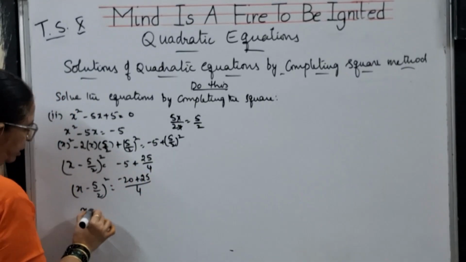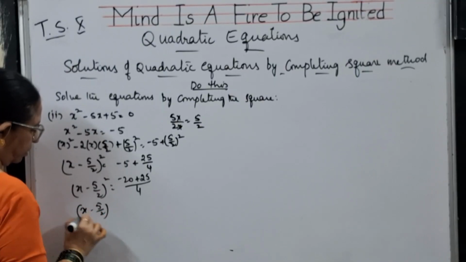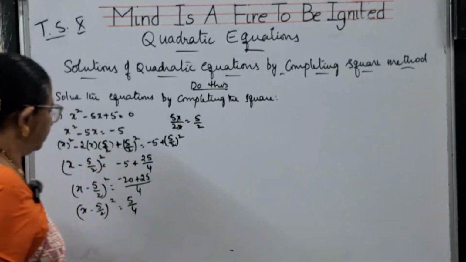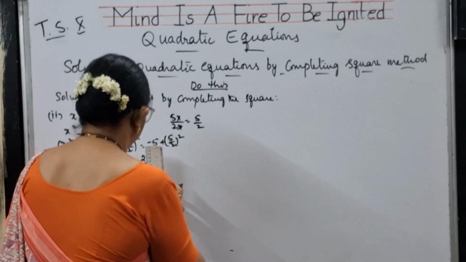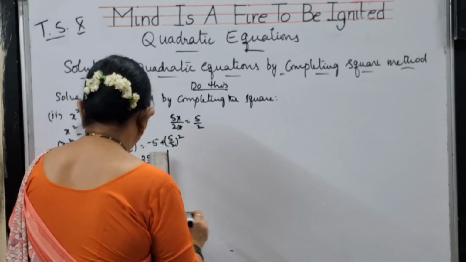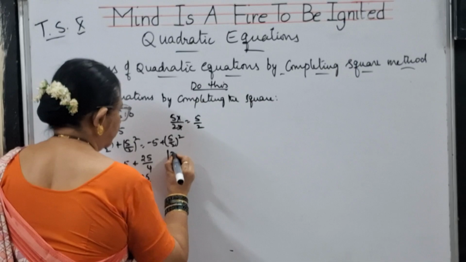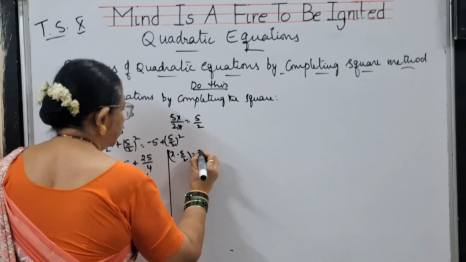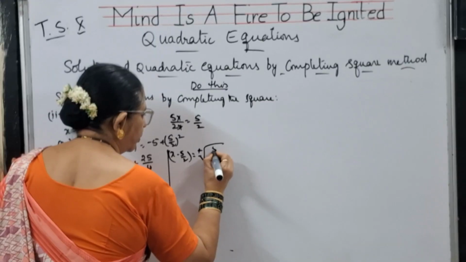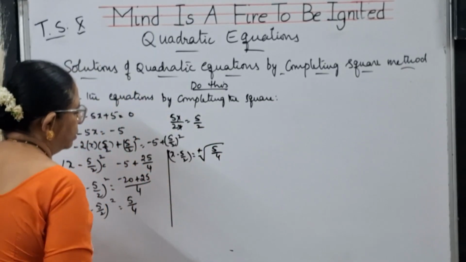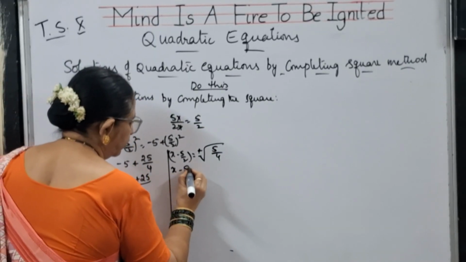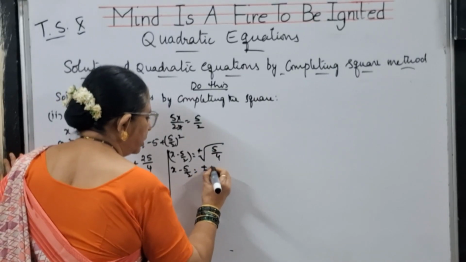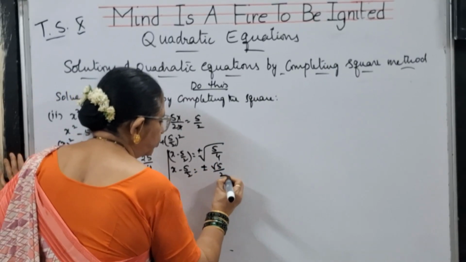So x minus 5 by 2 whole square is equal to 5 by 4. x minus 5 by 2 is equal to plus or minus root of 5 by 4. That means x minus 5 by 2 is equal to plus or minus root 5 by 2.